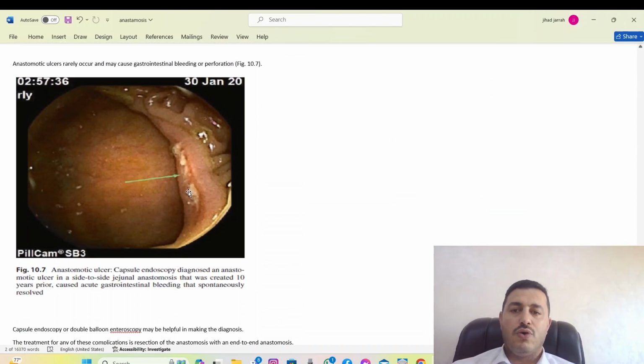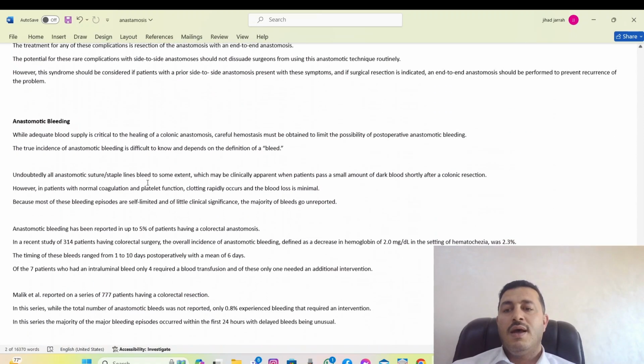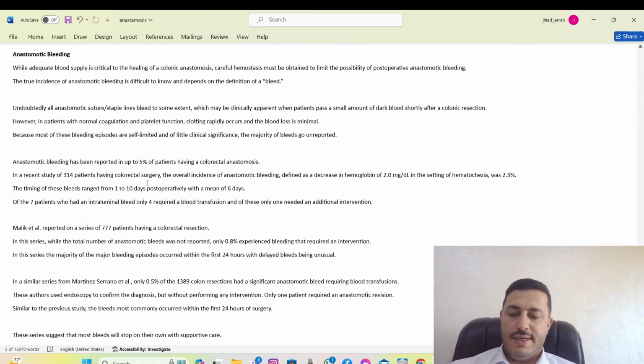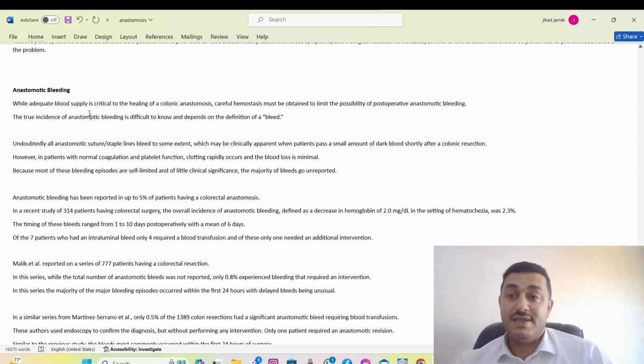A bleeding can occur. Okay. Anastomotic bleeding can be divided into early, within the first 24 hours, which is the most common, and which will stop spontaneously in most of the cases, alone, without any intervention.